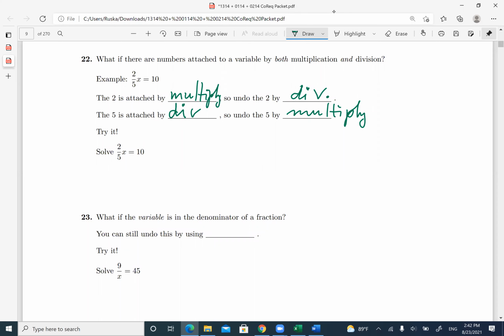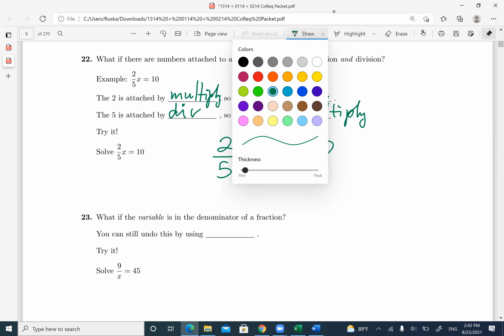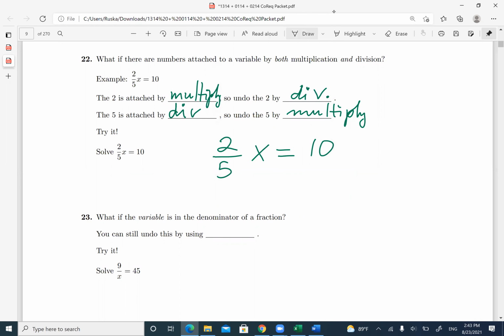So now, how are you going to solve it? This equation we have here, 2 over 5 x equals 10. I'm going to write it so I can have room. 2 over 5 x equals 10. So what I'm doing, I'm going to divide by 2. Technically, you're going to multiply by a fraction.